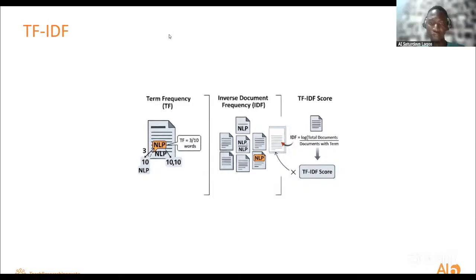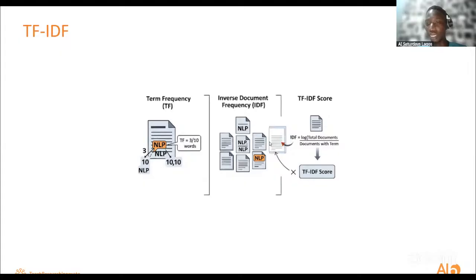So TF-IDF combines these two techniques together to give us a TF-IDF score. This first one is term frequency, and this one is inverse document frequency. Term frequency is for each document within, let's say, a database.